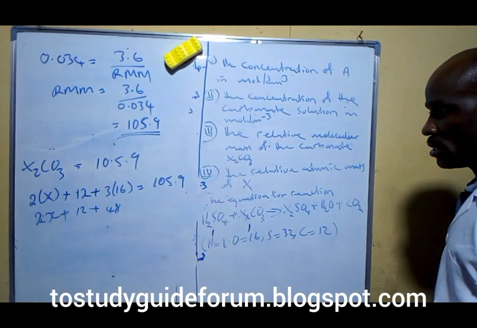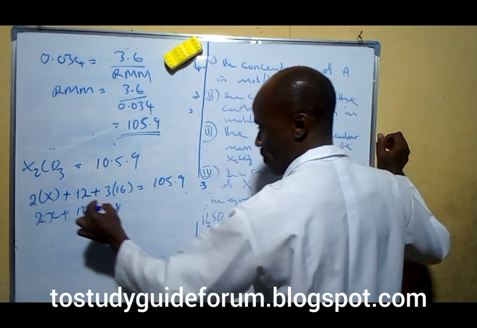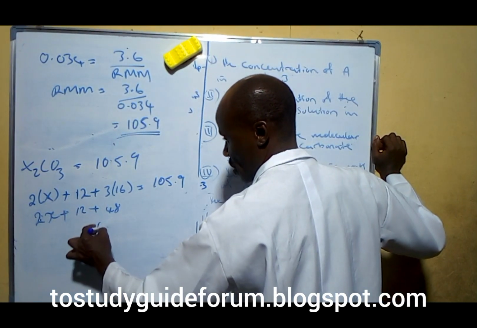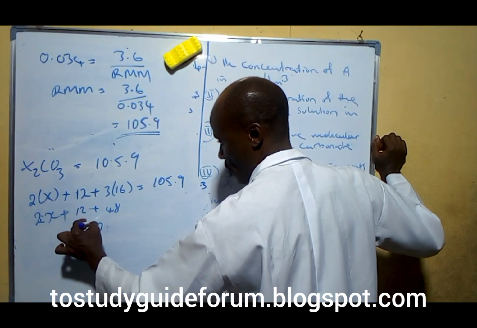So when we sum this up, the carbon gives us 12, and the oxygen gives us 48, which together give us 60.